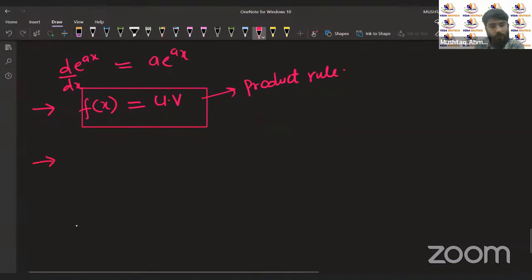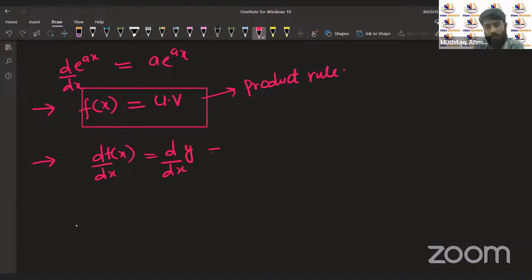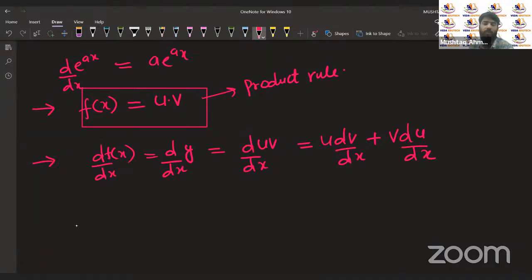What is that product rule? d by dx of f of x, or we can also call it d by dx of y, that's uv. We'll take one function out and take the derivative of the other, and then we'll take v out and take the derivative of u. That's how we use the product rule if the function is of the form u multiplied by v. This rule is very important.